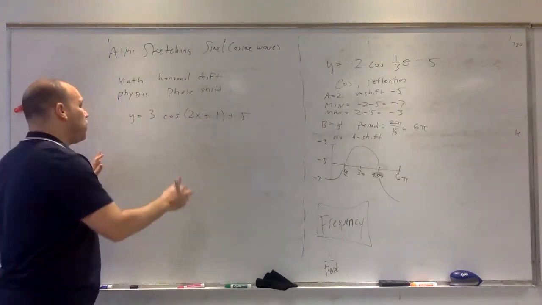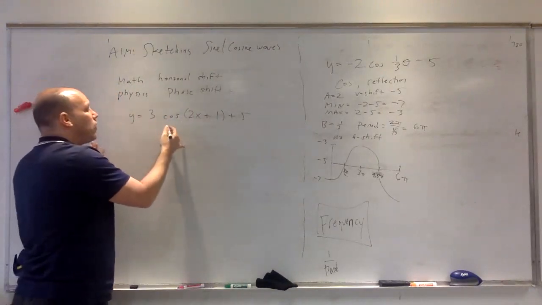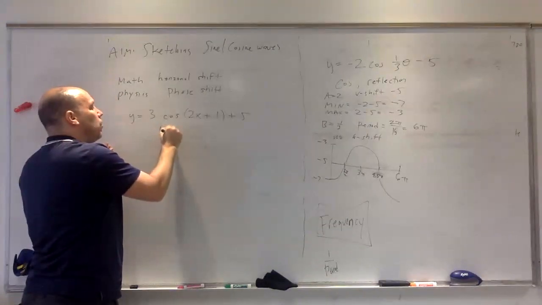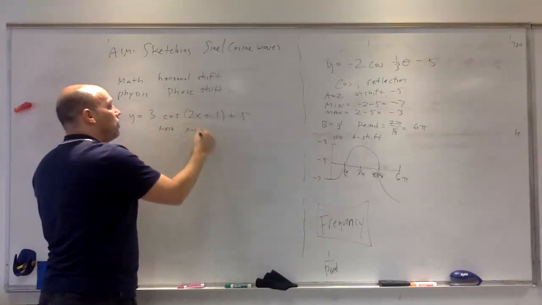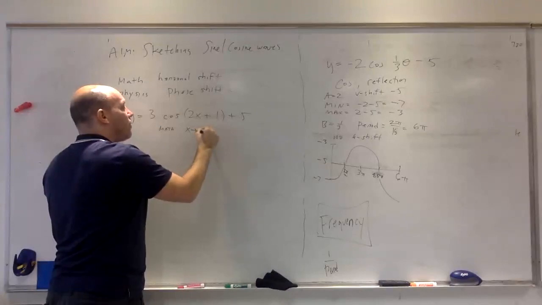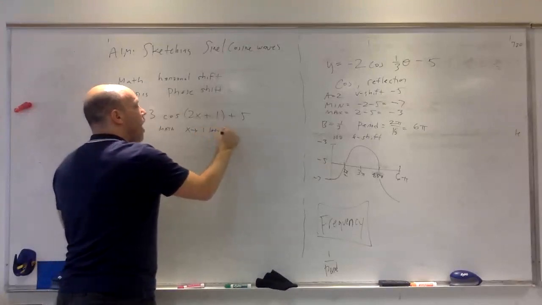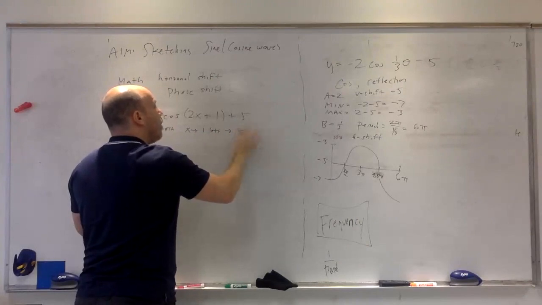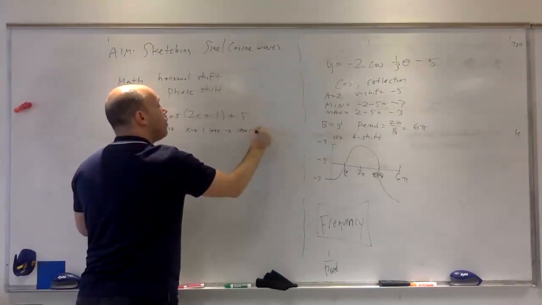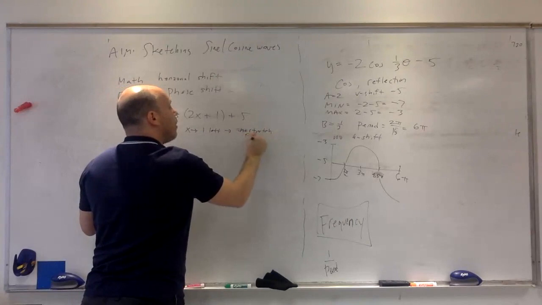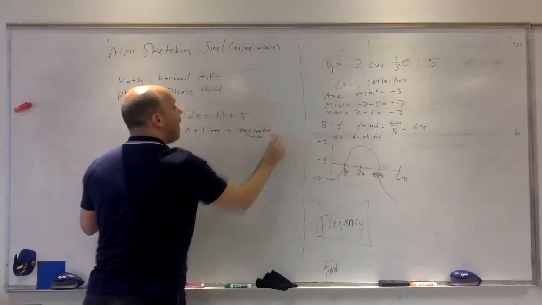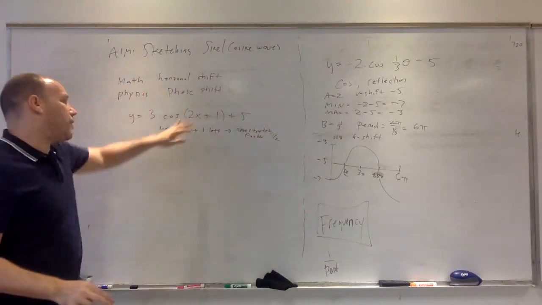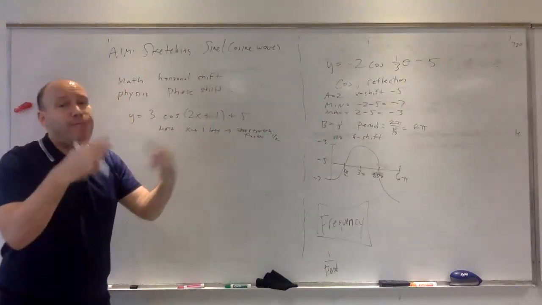In math, we know that this is x, 1 to the left, and then a horizontal stretch by a factor of 1/2. But physics doesn't talk about this mathematically.